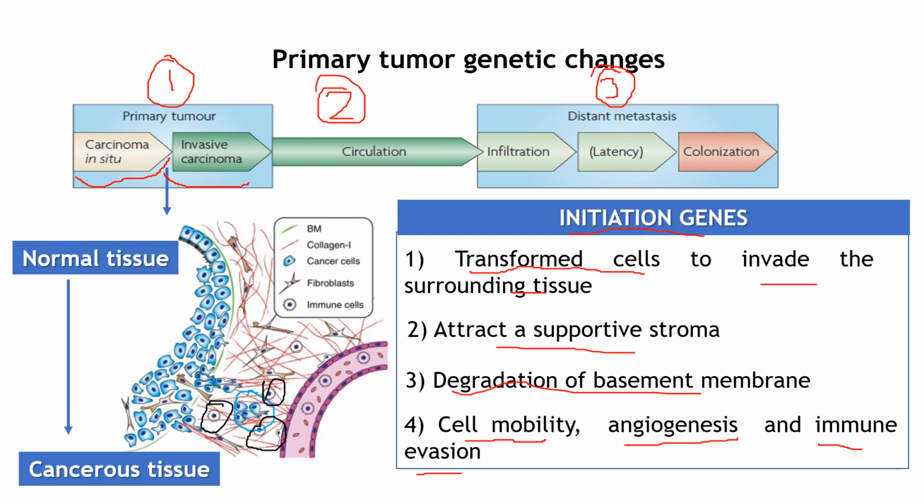Generally they are destroyed, or they go through apoptosis, or they are degraded by killer cells, a type of immune cell. Here nothing happened to them. So here I showed you four types of changes that need to happen for the primary tumors to not only start growing but also move away from the primary tumor.